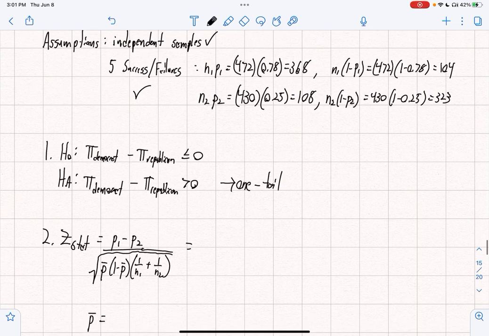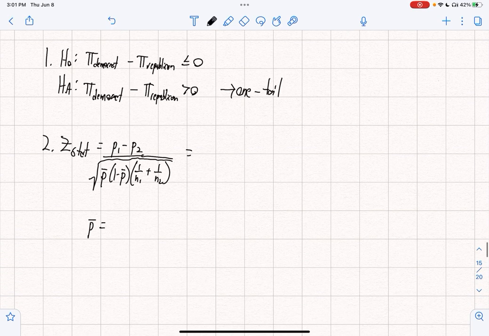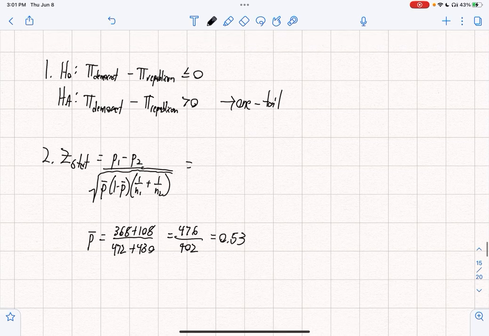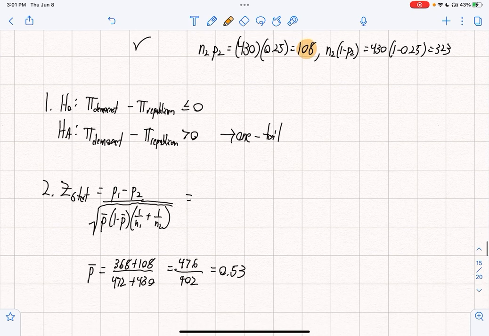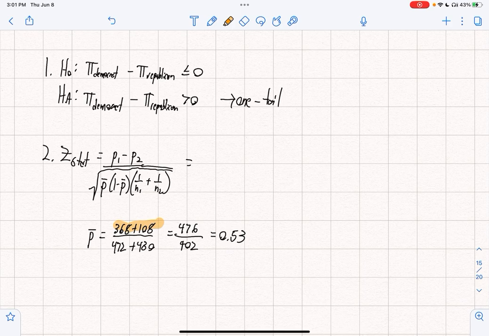So we calculated that as 368 and 108. So 368 plus 108 divided by our sample sizes, so that'd be 472 plus 430, is equal to 476 over 902, which is 0.53. Again, number of successes was here and here. That's where these numbers come from.